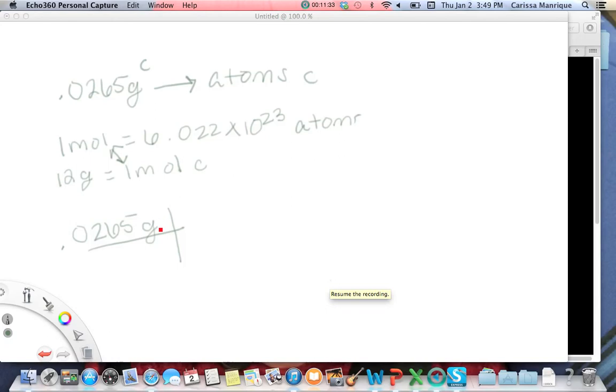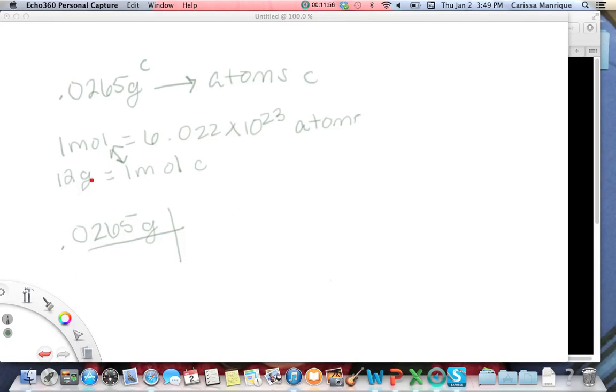Okay, now can I go directly from grams to atoms? Now we have two conversions. This one goes from grams to moles, and this one goes from moles to atoms. Is there one that goes directly from grams to atoms? No, so we're going to have to do this one step at a time. So first we're going to use this conversion here. Why did I choose that one?